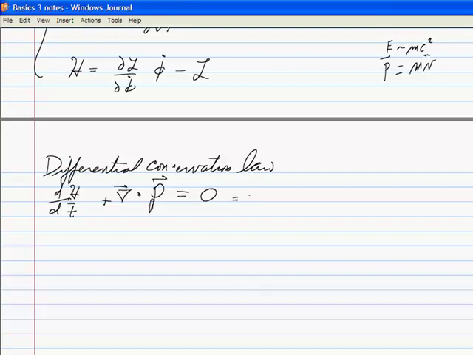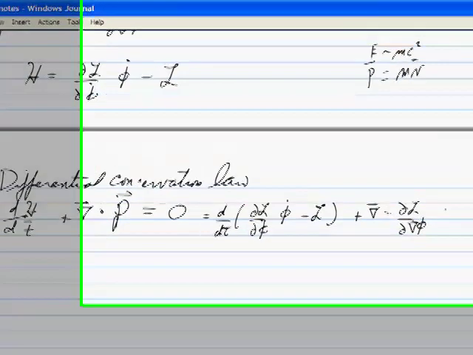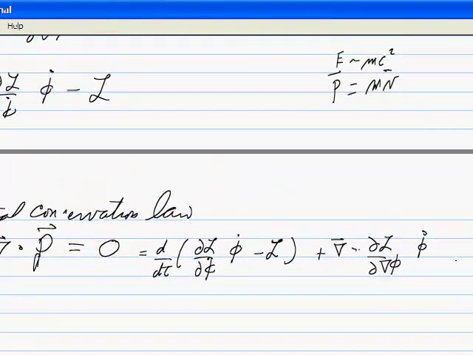So this is d by dt of the partial of L with respect to phi dot, minus L, plus del times the partial of the Lagrangian with respect to del phi times phi dot.